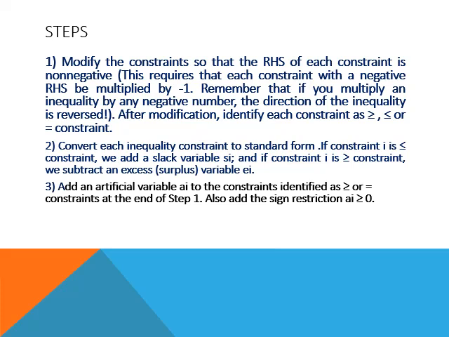So, generally the steps of applying the big M method are to fix the constraint to the standard form and then to do the artificial transformation. What do we mean by artificial transformation?